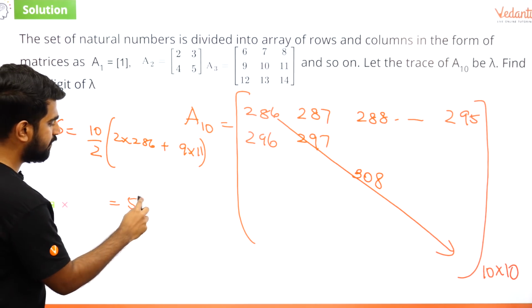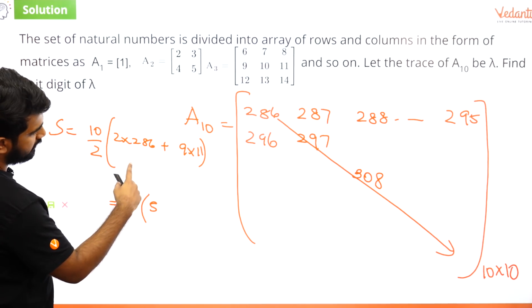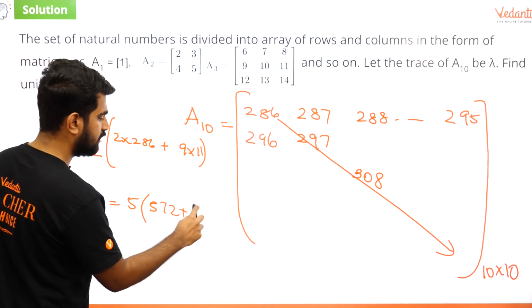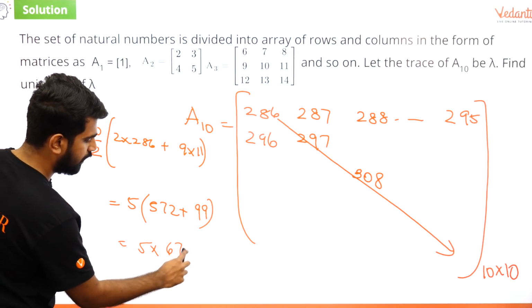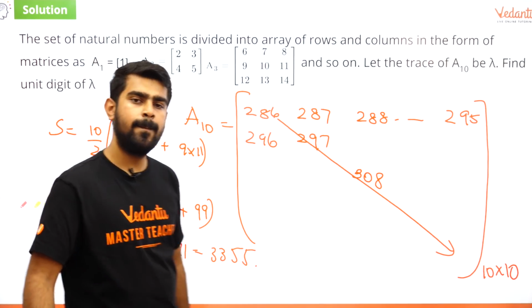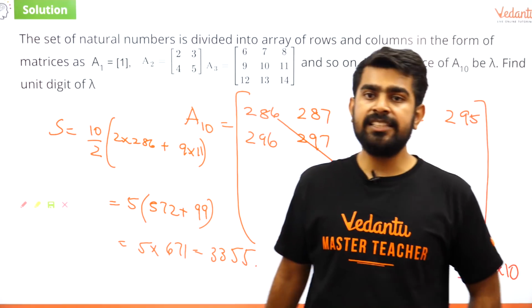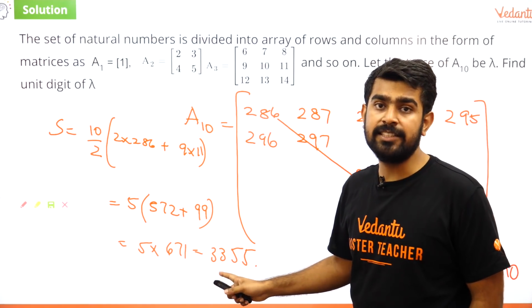So it is going to be 5 into 572 plus 99, and that will be 5 times 671, that will be 3355. Yep. So the answer lambda value is going to be 3355.